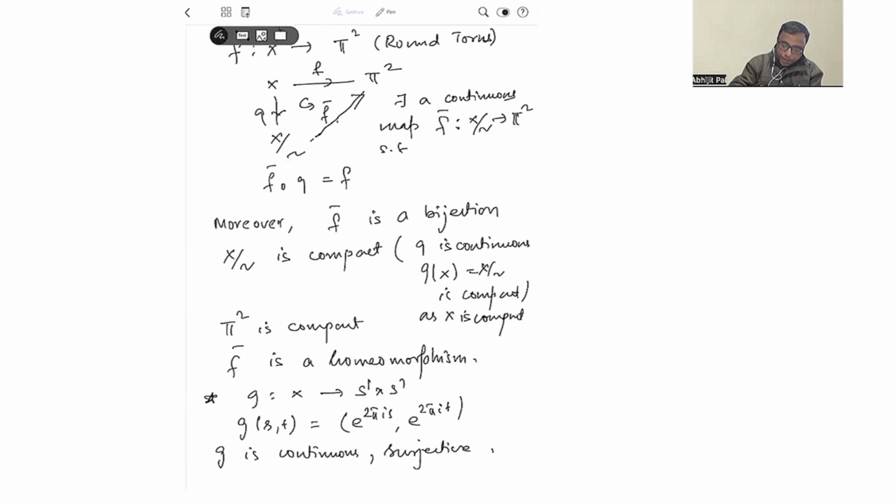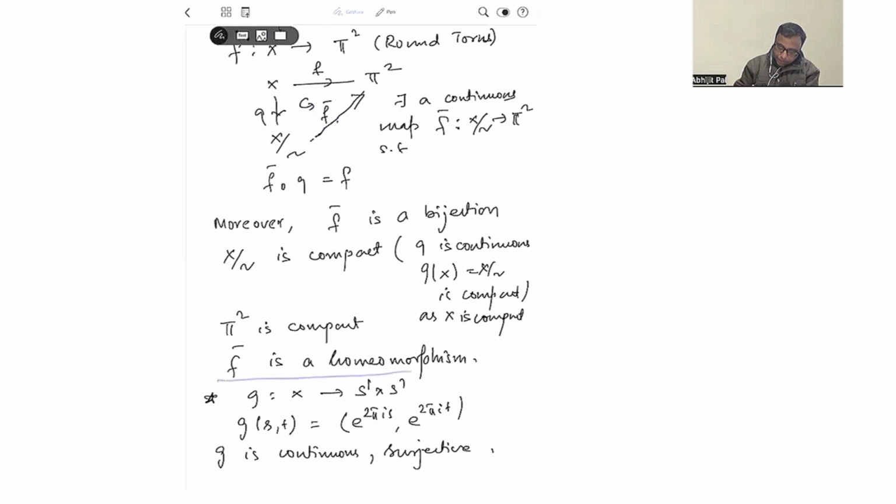You have a map from X to the torus, and you have a quotient map Q from X to this quotient space. So there will be a natural map, a bar, from this quotient space to this torus. One can prove that this a bar is in fact a homeomorphism.